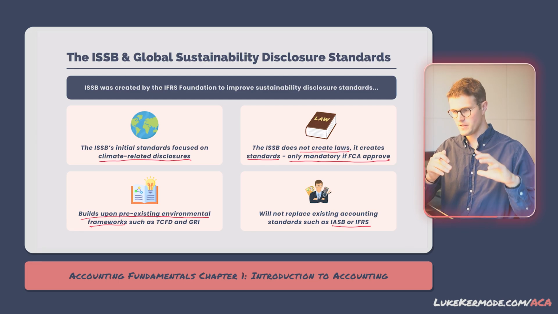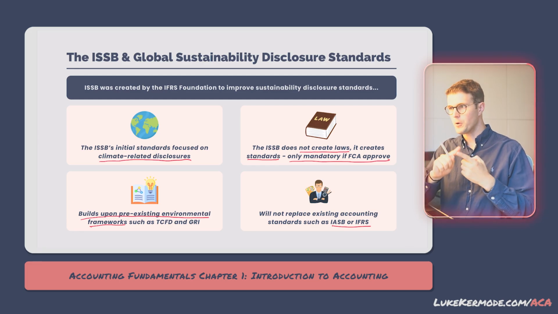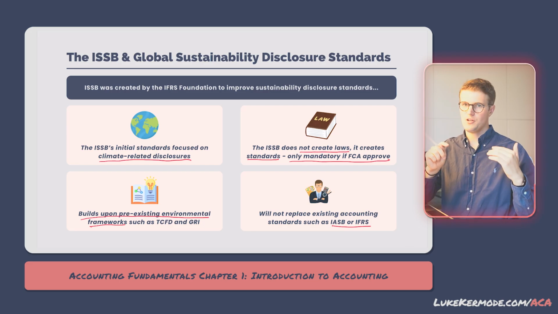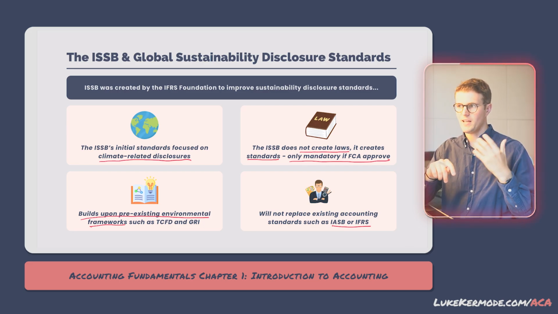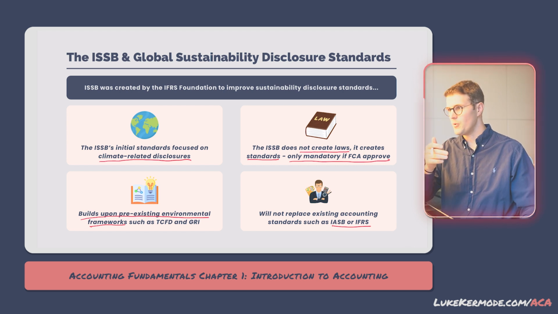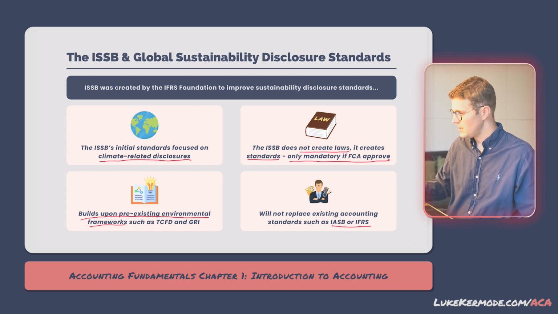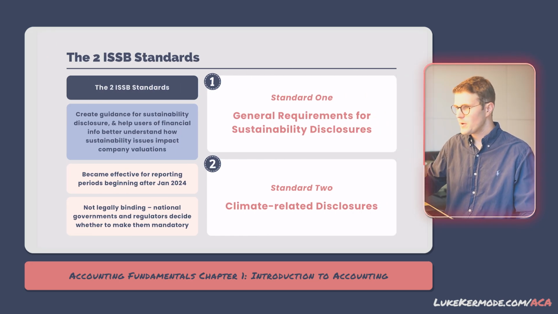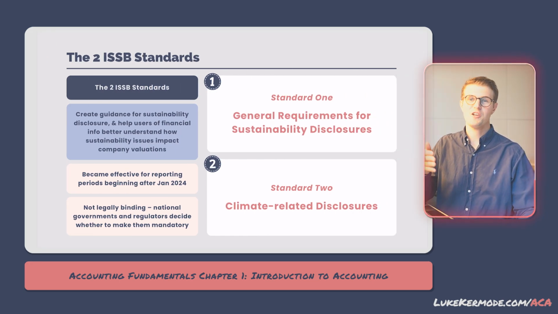So, to summarise this slide, the ISSB's initial focus was on climate change. Its standards are voluntary, they're not mandatory, and it builds upon existing sustainability frameworks, and it doesn't replace IFRS. It works in parallel with IFRS to enhance the overall transparency of corporate reporting. In 2023, the ISSB released its first two standards.